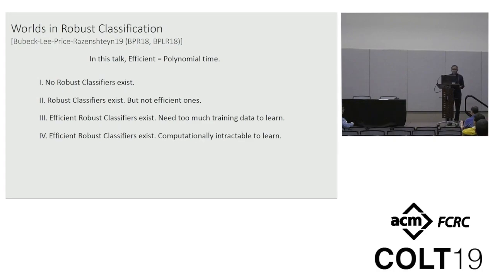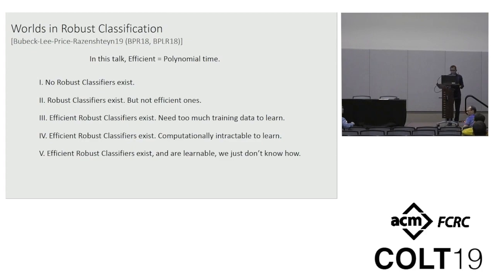Another scenario is that it is possible to learn such a classifier with a small amount of training data, but a learning algorithm which does so takes a lot of computational resources. Finally, the rosiest scenario is that these classifiers exist and are learnable, and we just haven't found the right algorithm yet.